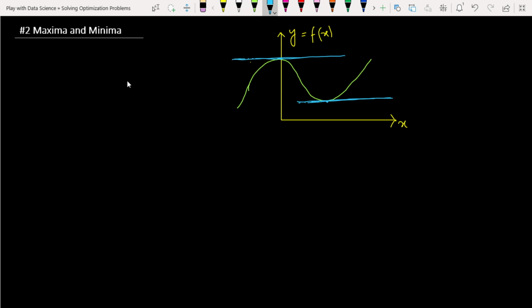Simply write it down: at minima and maxima, what will be the slope value? Our slope will be equal to 0.